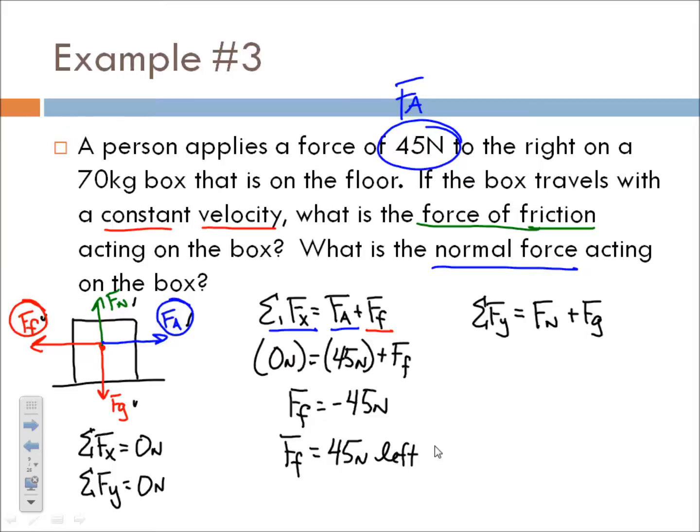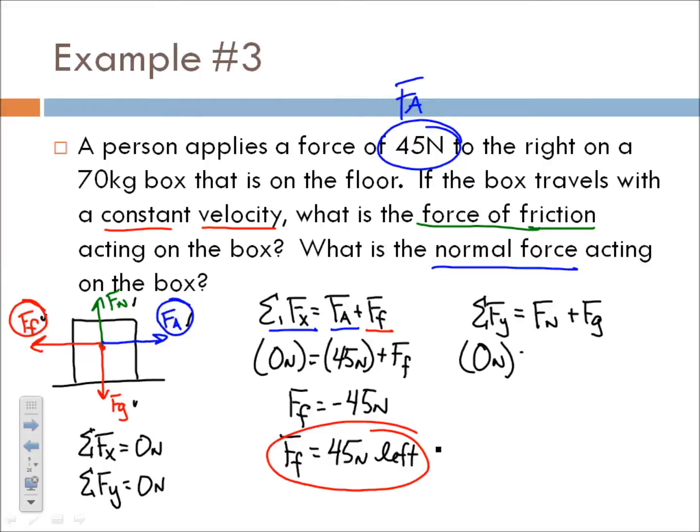So we did all of these calculations to show that, but I guess we didn't really need to. Conceptually, we could have determined that those forces would have had to be equal. We can also get the same knowledge from the normal force and the force of gravity. The only way these two are going to balance each other out in the y direction is if they're the same value but in the opposite direction. Mathematically, we see that that actually happens.